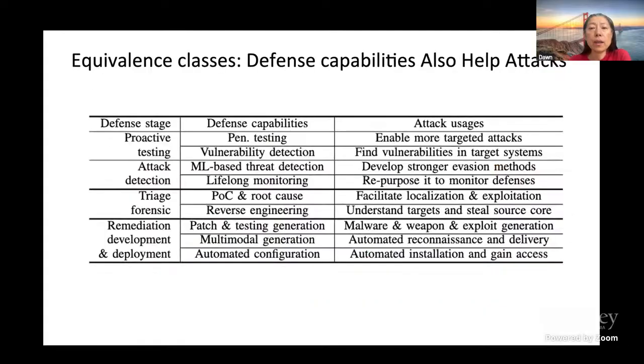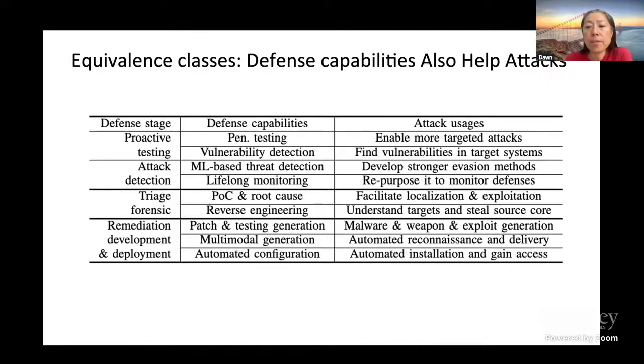So the key goal here is that we would like to utilize AI capabilities to help more on the defense side than on the attack side. However, our recent analysis also showed that there are a number of challenges in this area. First, our analysis showed what we call the concept of equivalence classes, given the dual use nature of AI technology that can help both the attacker side and the defender side.